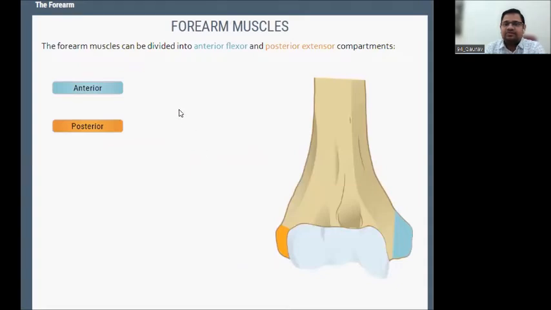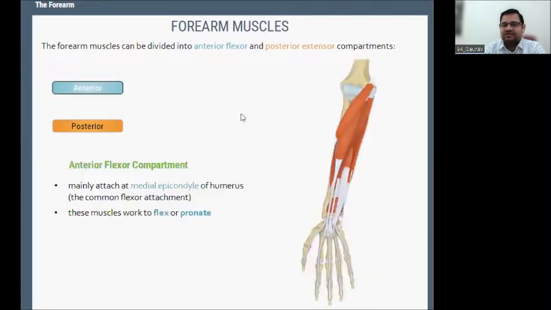So the forearm muscles, basically the group of muscles, can be divided into two parts: anterior or flexor, and posterior or extensor. The anterior one, as you can see, is a group of muscles on the anterior side, which are the flexors. The anterior flexor compartment is majorly attached to the medial epicondyle of the humerus, also called the common flexor attachment.